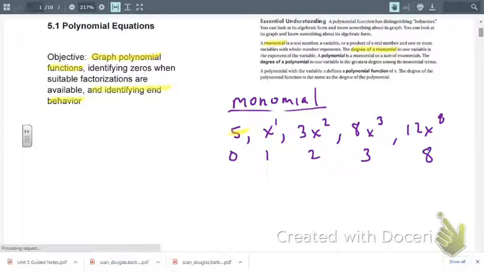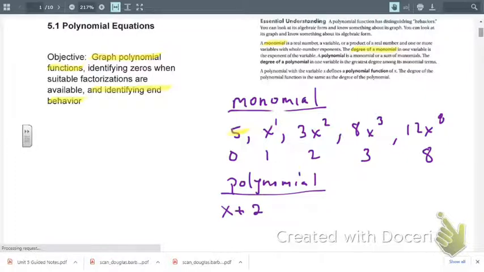Now a polynomial is a monomial or the sum of monomials. So a polynomial could be a monomial, like we just listed, or the sum of them. For instance, x plus 2 would be a polynomial.